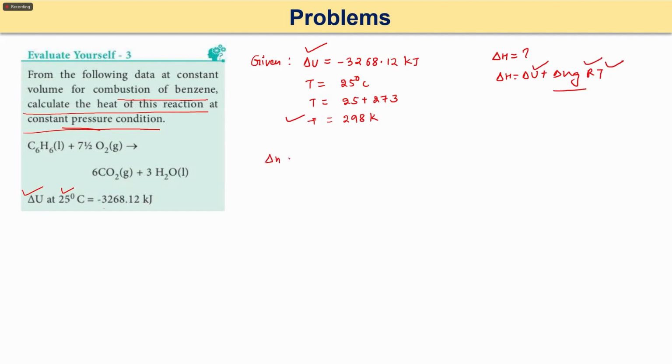Let us quickly calculate this. Delta Ng is equal to the number of moles in the final condition minus the number of moles in the initial condition.